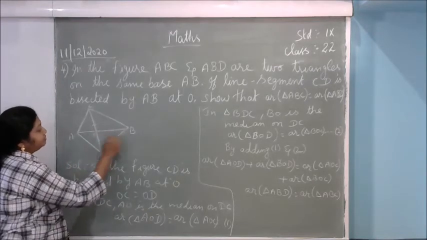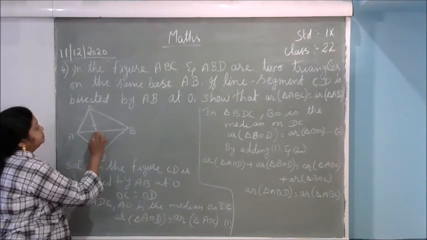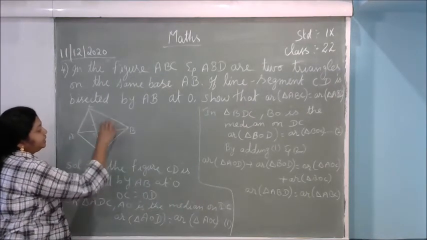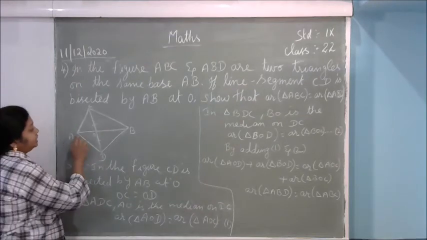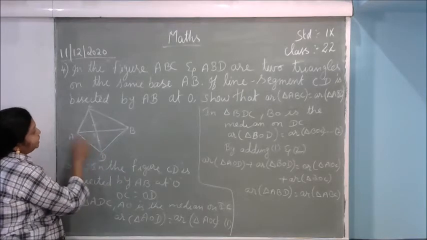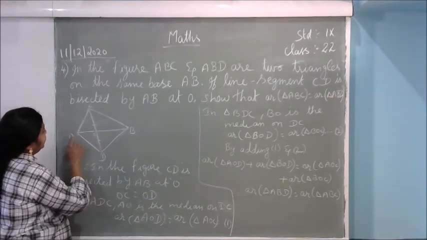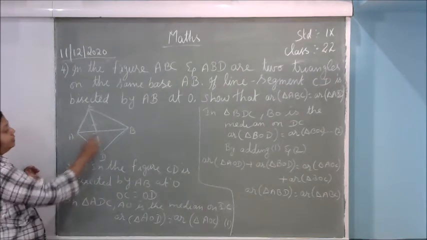Therefore, area of OBD and area of OCB, these two areas will be equal. Afterwards, if you add these two portions, you will get area of ABC is equal to area of ABD.